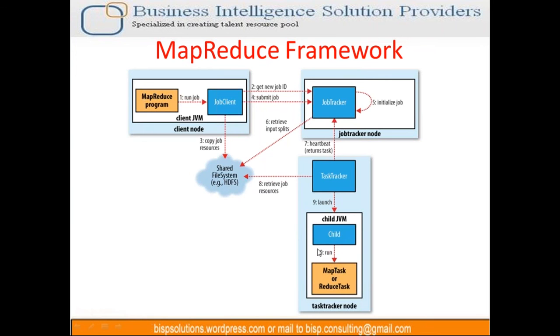Because task tracker is also a Java program, and a Java program runs in a JVM itself. So why is it again creating another JVM and then running this process? Can you guess the reason why?